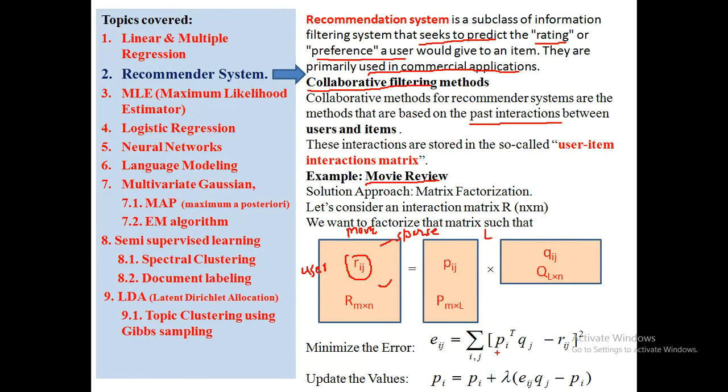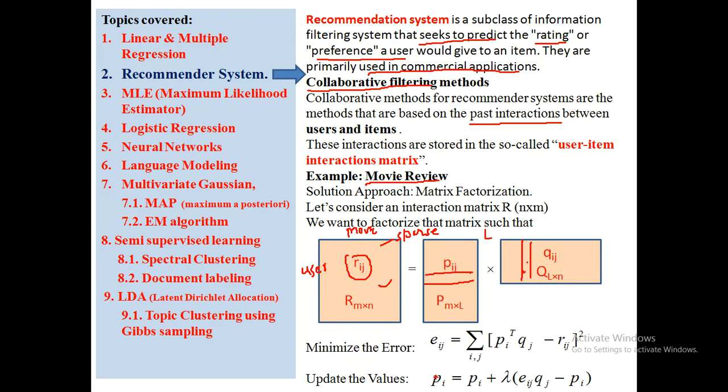We shall find out the error between the actual value Rij and the value of multiplying the ith row of P and the jth column of Q. The difference between these is the sum of error. This error we shall keep on minimizing iteratively. Once the error is below some threshold, we shall stop the updation.